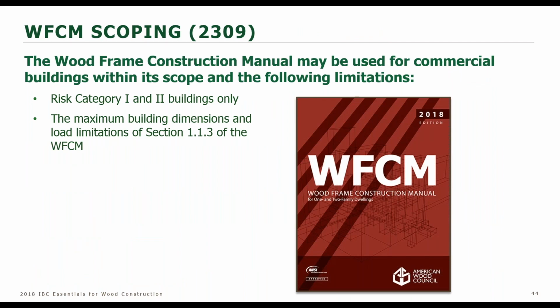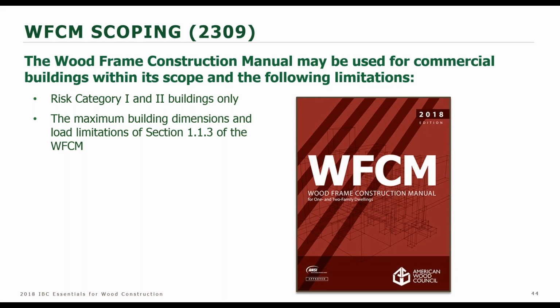And finally, in chapter 23, we have a section that references the wood frame construction manual. Even though on the cover of the manual it says for 1 and 2 family dwellings, and that's its primary use, if you have a commercial building that's single story, slab on grade, that's wood frame, and it fits within the scoping of chapter 1 of the wood frame construction manual in terms of size, dimensions, height, and it's not a higher risk category building, this may be a great design tool for you as an engineer or an architect, because this is an engineered document.